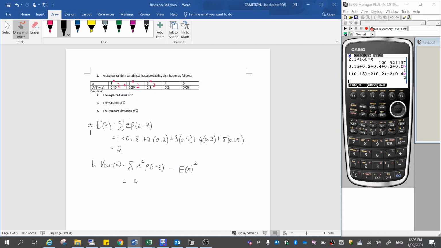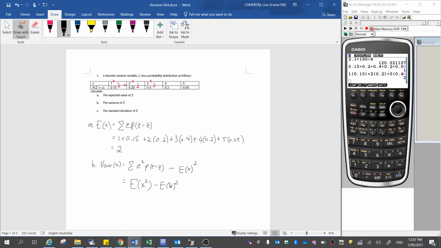Now, as I look on the formula sheet to see what we've got there, they've expressed that formula as E, or the expected value, of X squared, because before we can multiply them, we have to square that term, minus E(X) squared.